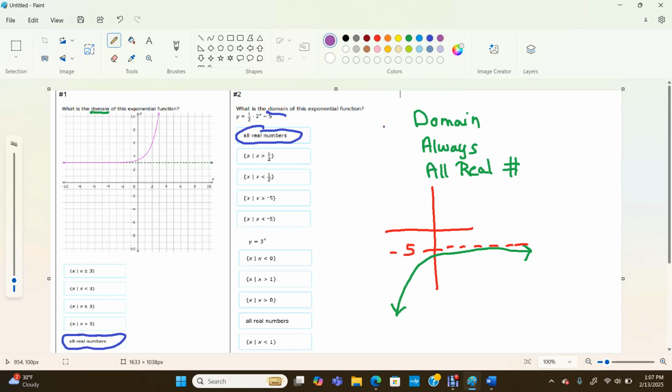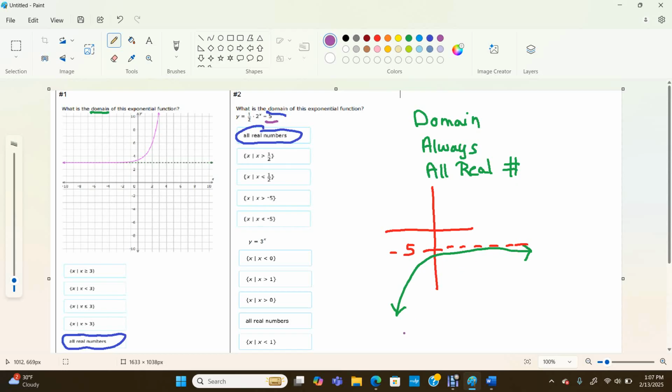But had they been asking you for the range, that's going to be a little bit different because this number right here, whatever is added or subtracted to this equation, is going to represent this asymptote. So this graph is growing, and it's going upwards towards -5, but it will never touch -5.